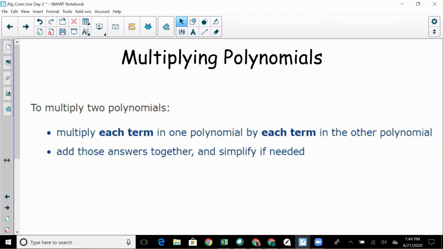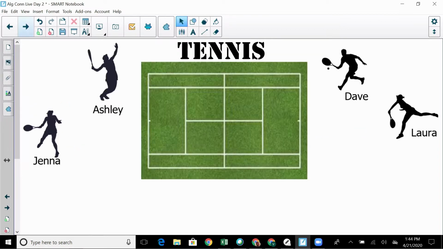Right now, I'm a sports guy. I miss sports. So if tennis was on, we have 4 people coming to the tennis court: Jenna, Ashley, Dave, and Laura. Everybody wants to play every person. So if I was to match up, let's say Jenna versus Dave first.